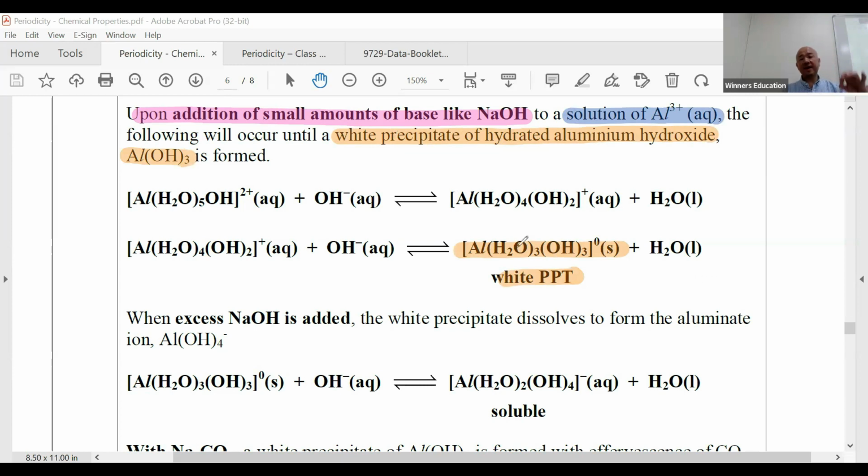Once again, if I add a small amount of sodium hydroxide to aluminum chloride solution, the AlCl3 solution, the question will tell you this one, are you with me? They always give you a compound, a salt, right? So you add a bit of sodium hydroxide to it.